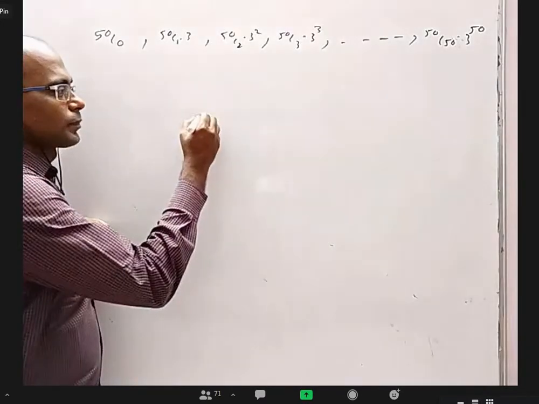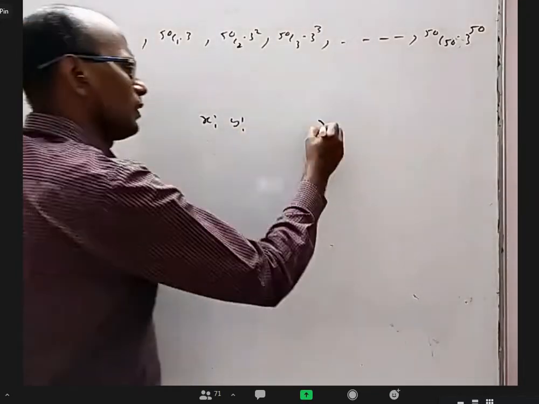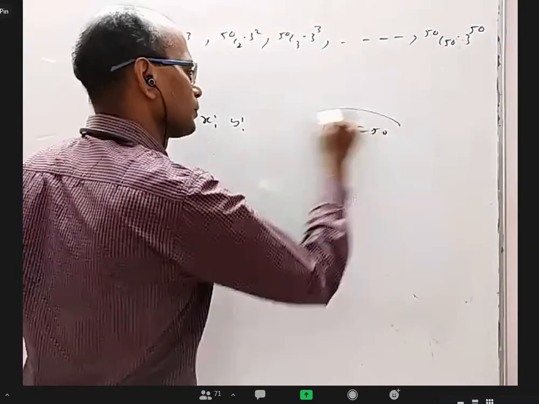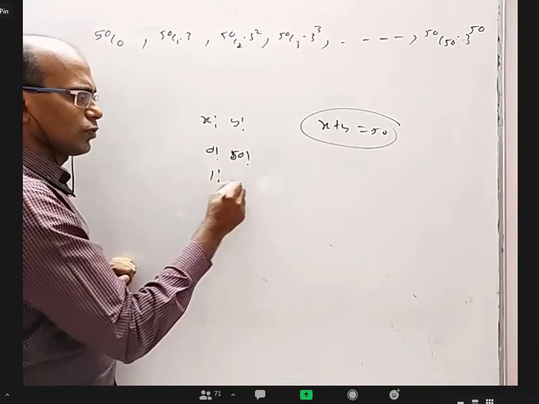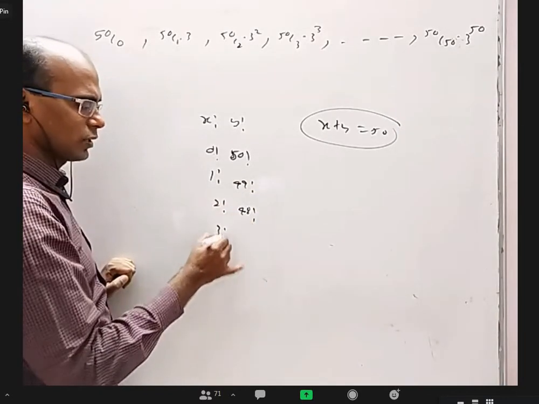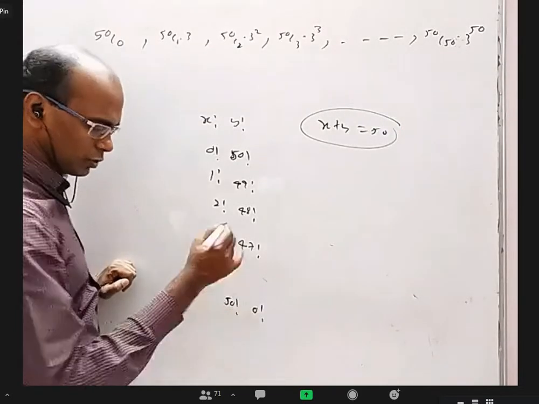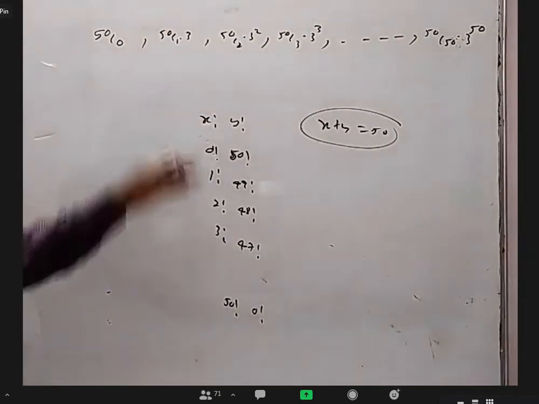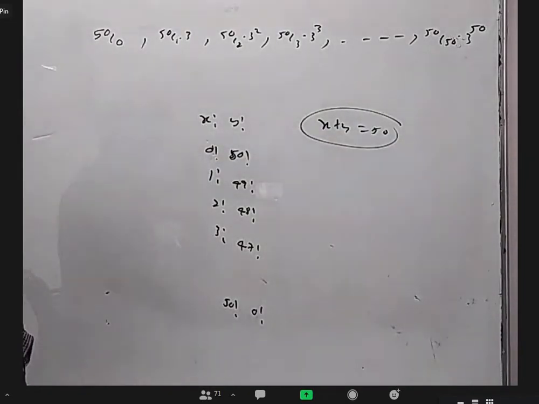Let us say x factorial into y factorial. Every time x plus y is 50, I can take 0 factorial into 50 factorial, 1 factorial into 49 factorial, 2 factorial into 48 factorial, 3 factorial into 47 factorial, finally 50 factorial into 0 factorial. Among all these things, what will be the greatest?